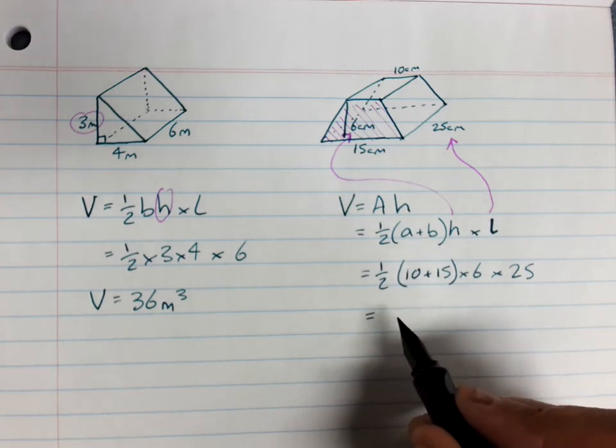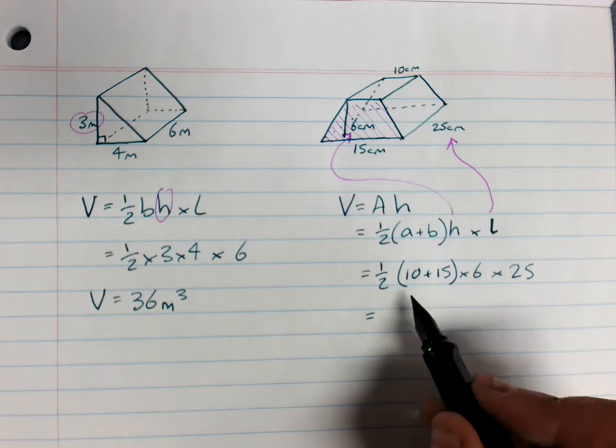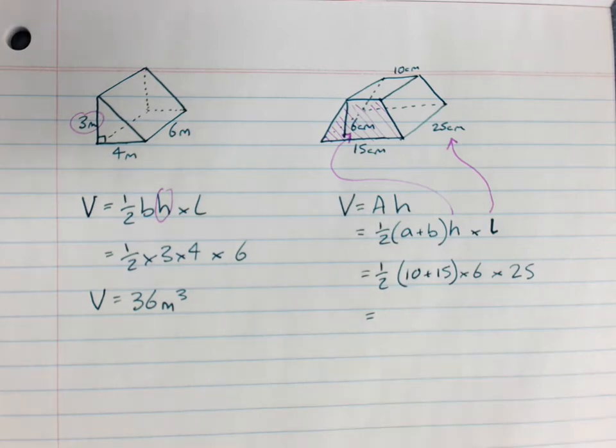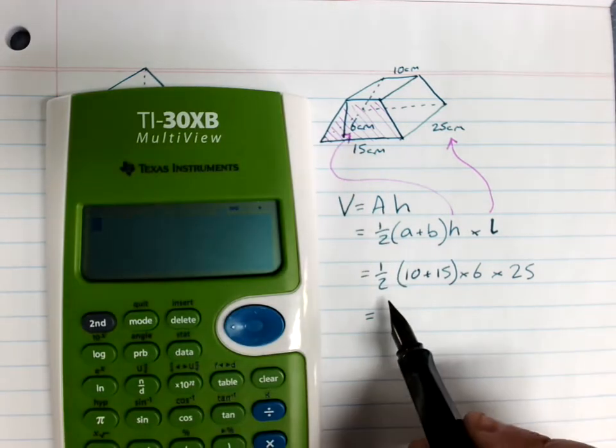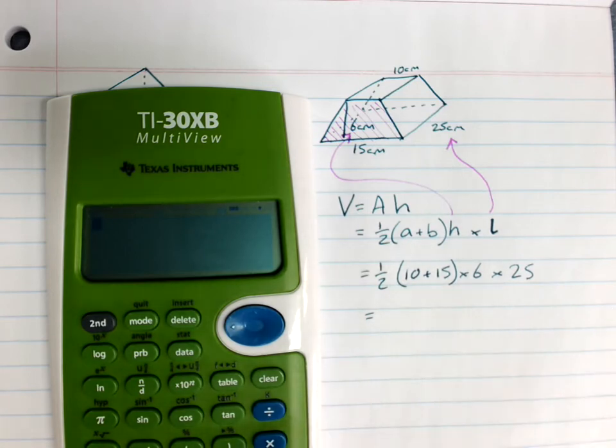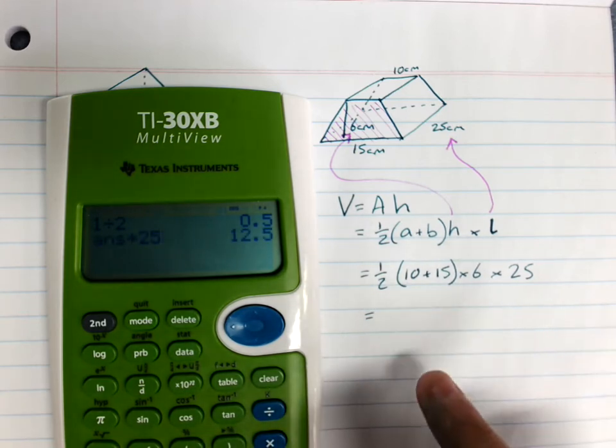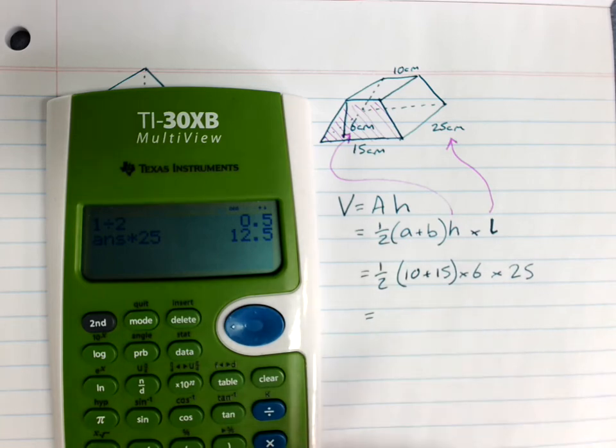And so simplifying there, I've got 10 plus 15, that's 25, a half of that. Sorry, you might prefer this way, mightn't you? A half, 0.5 obviously, times 25, then times 6, then times 25.